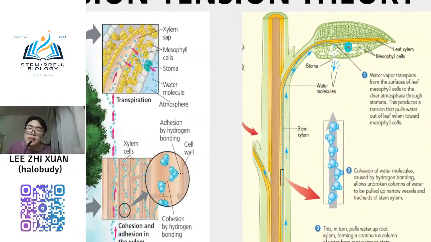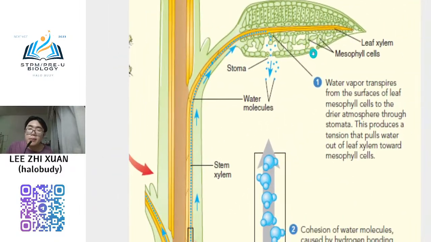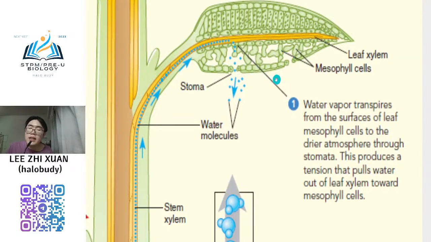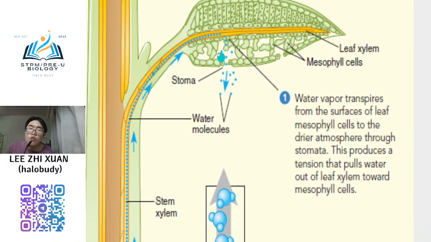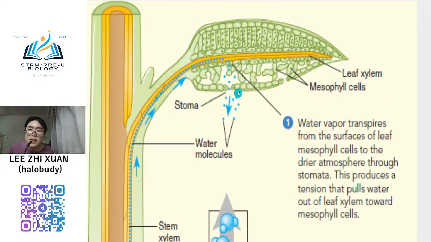So you see this diagram. Normally during a sunny day, the water molecules inside the leaf will evaporate out from the leaf because your stomata are open. Why are the stomata open? The mechanism of opening and closing of stomata, you already learned in chapter 7. You already learned it, right?